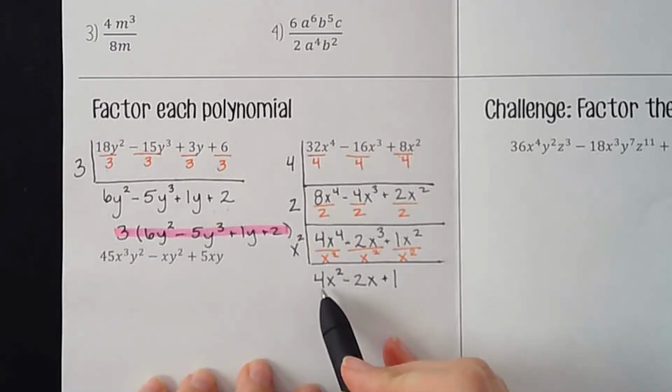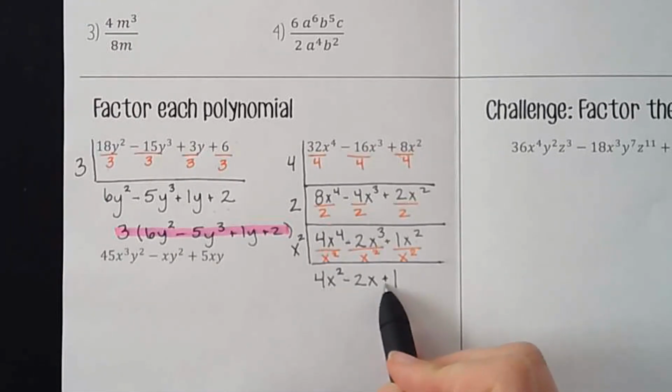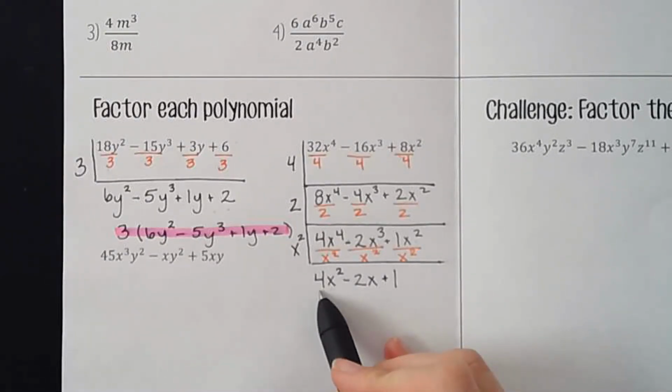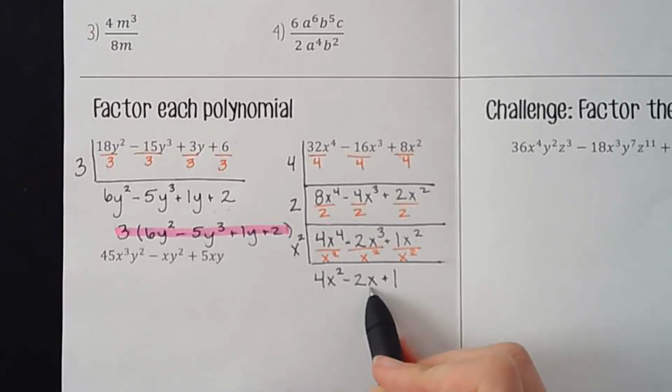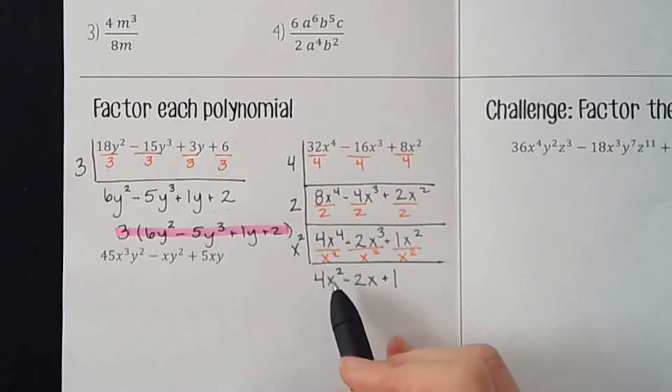So now when I look at my polynomial I have here, 4x squared minus 2x plus 1, I already know I can't pull another number out of here. But if I look at my x's, I have an x squared on this term, I have an x on this term, but I don't have any x's left on my last term. So that means I can't factor out any more x's.